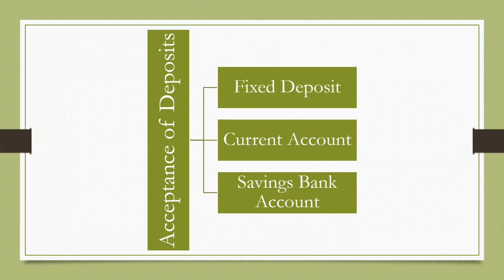Fixed deposit holders can obtain loan from banks against the security of fixed deposit receipt. Fixed deposit receipts are issued at the time of opening the account, and it has to be given at the time when the deposit is to be claimed after maturity.